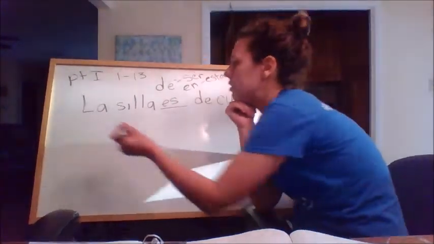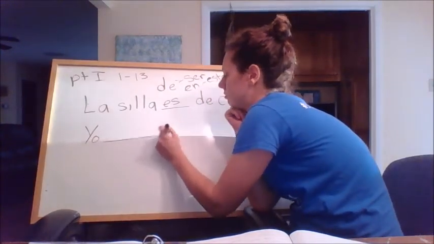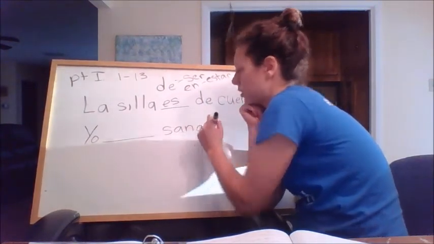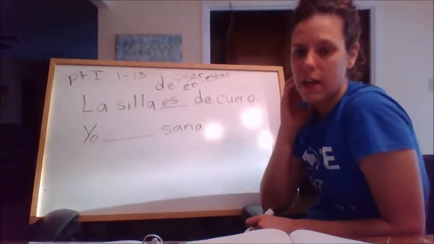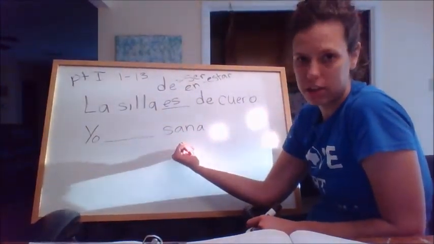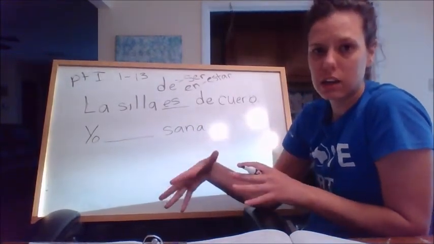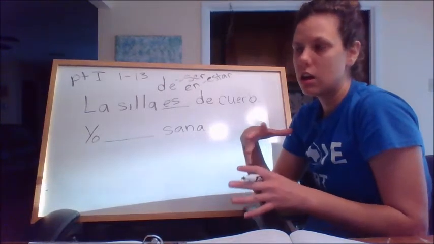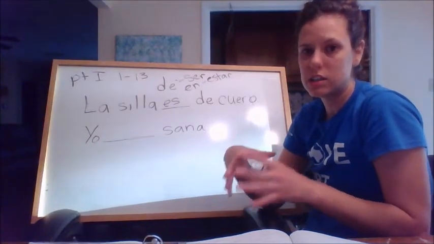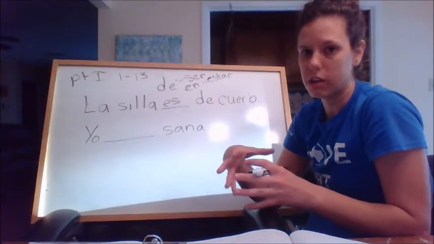Temporary, let's see, let's do this one. Yo blank sana. So this is from your vocabulary as well. Sana means healthy, okay? So whenever you're talking about sick or healthy, it's always going to be condition because those things are kind of in flux.